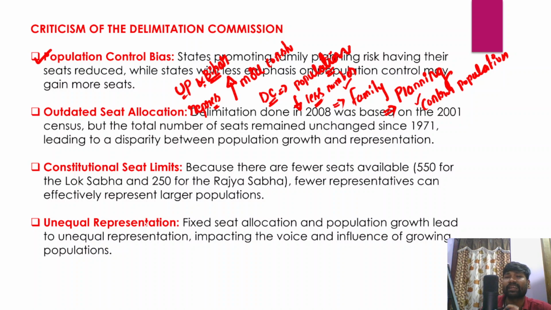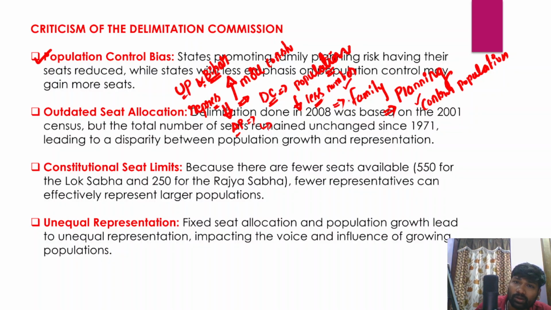So there should be an alternative criteria to divide the constituencies, not just based on the population. But now what some southern states like Andhra Pradesh have been doing, the policy makers in these states have been encouraging the birth of more children, right?